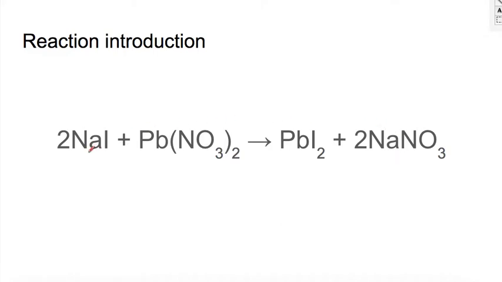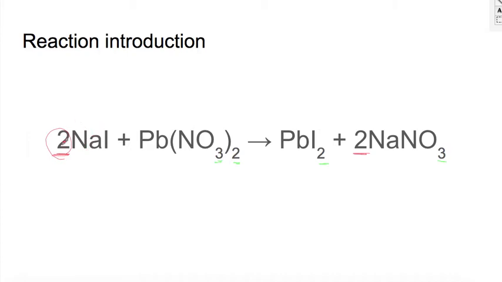We have two different parts of this then as well, two different kinds of numbers. We have these larger numbers out front, and then these smaller numbers down here. The larger numbers out front are called coefficients, and they tell us how many there are of this chemical compound.